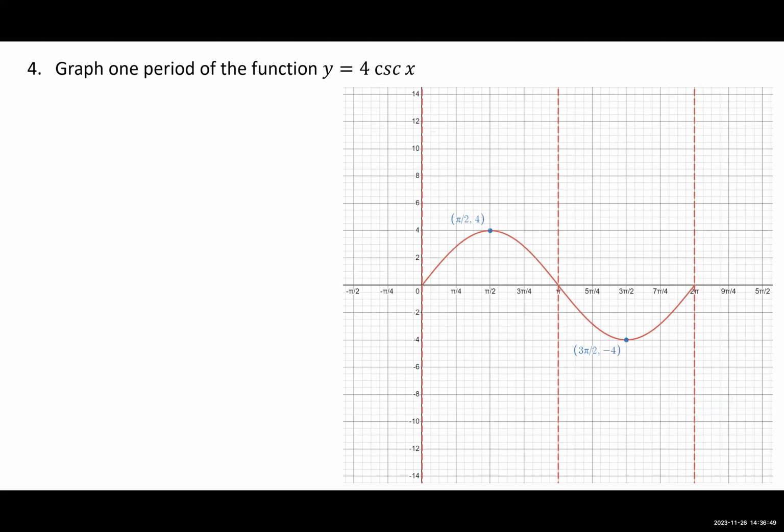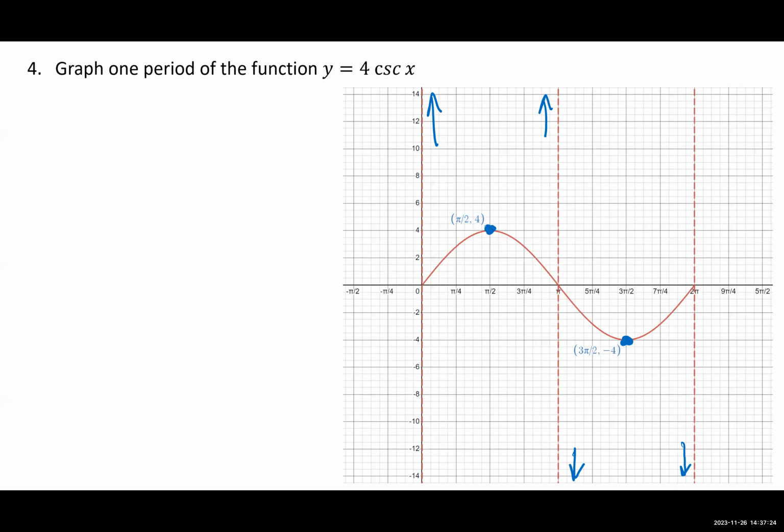The maximum of the sine function is the relative minimum of the cosecant. The relative minimum of the sine function is the relative maximum of the cosecant function. And we know the cosecant function approaches positive infinity to the right of the first asymptote, to the left of the second asymptote, and then approaches negative infinity to the right of the second asymptote and to the left of the third asymptote.